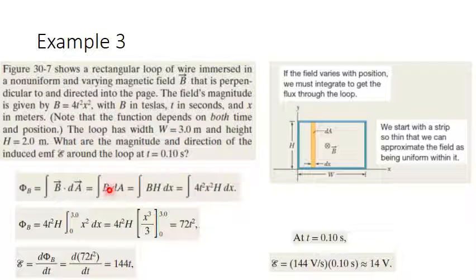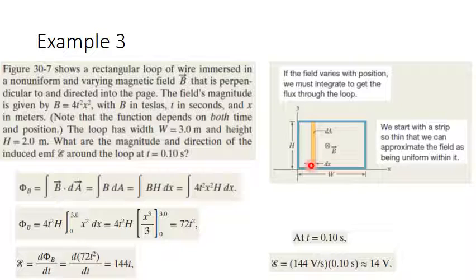What about the incremental area? As we see, the magnetic field is varying with x, but is not varying with y. So we can assume the incremental area is this yellow strip, which has a height h and length delta x.